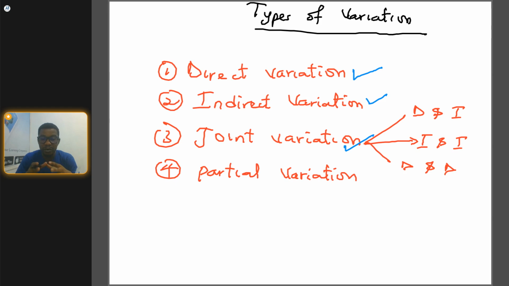Now I'm going to take it one after the other. I'm going to explain the concept of each type of variation, and how they are expressed in the mathematical way. So we're going to start with direct variation.